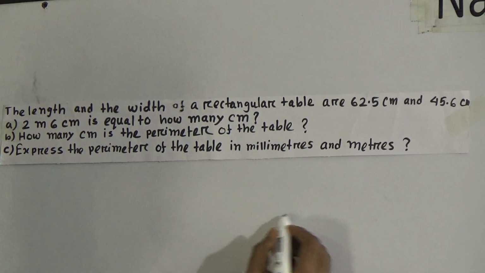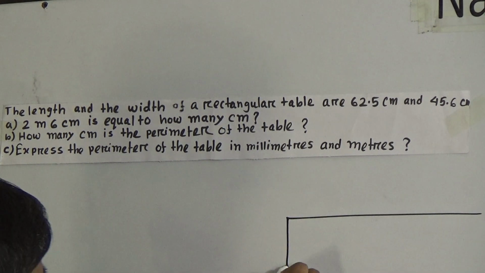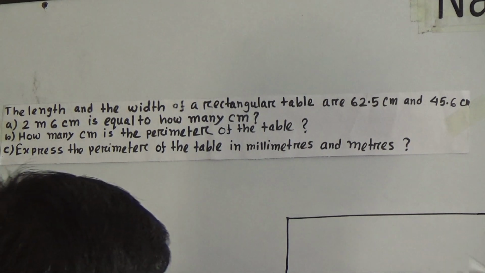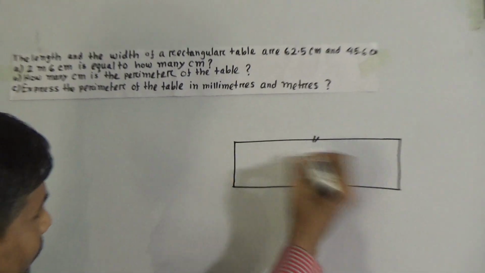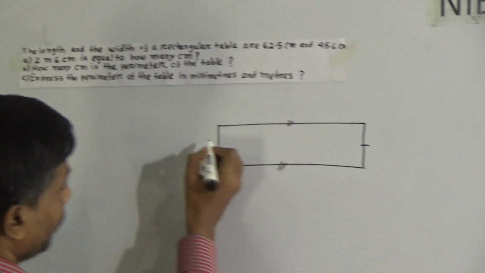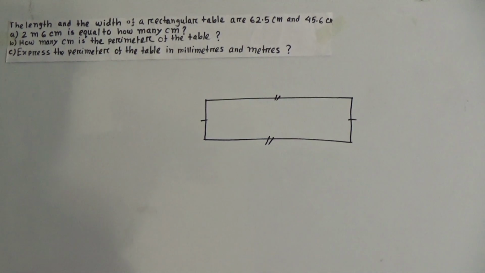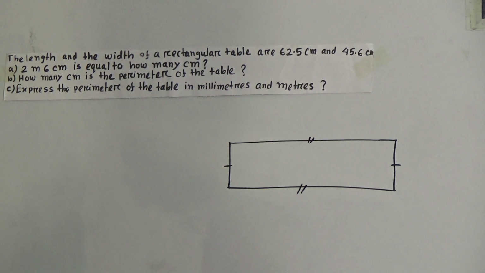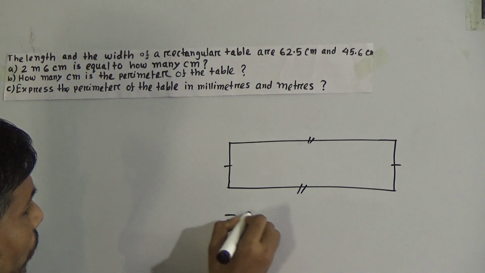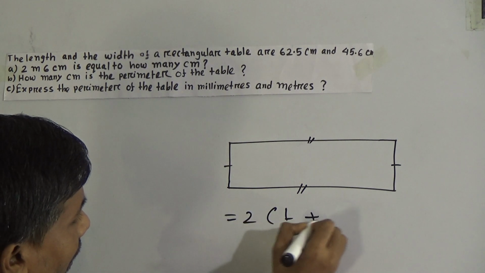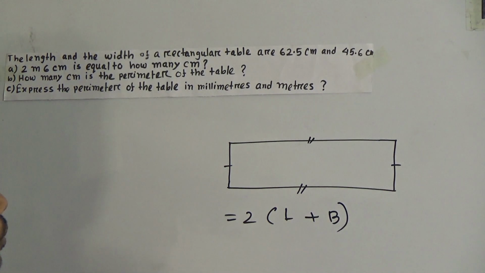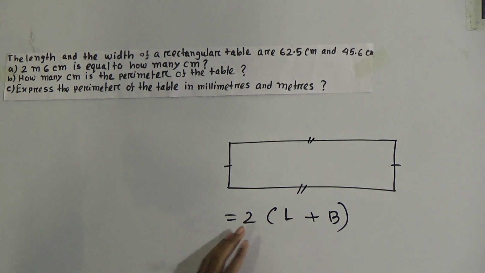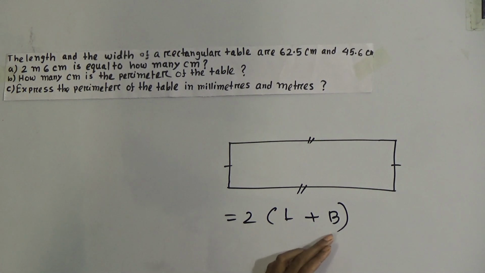Student, you see, suppose this is the rectangular table. Okay, you consider this is called length and this is called width. The formula of perimeter of the rectangular is 2 into length plus breadth, or 2 into length plus width.